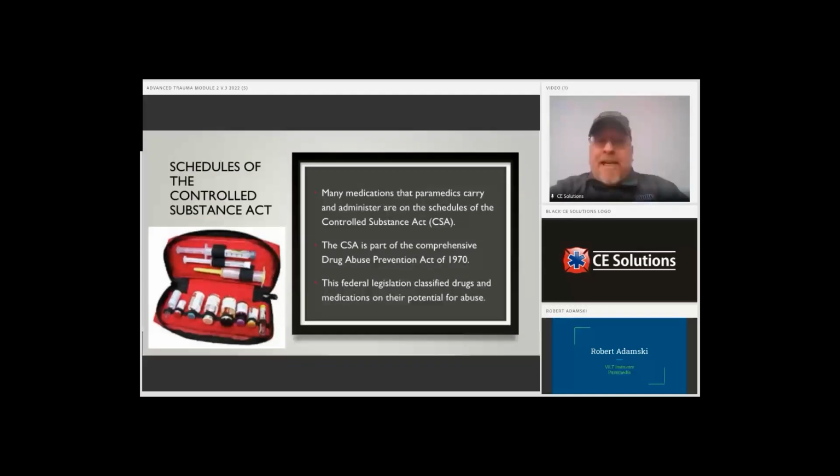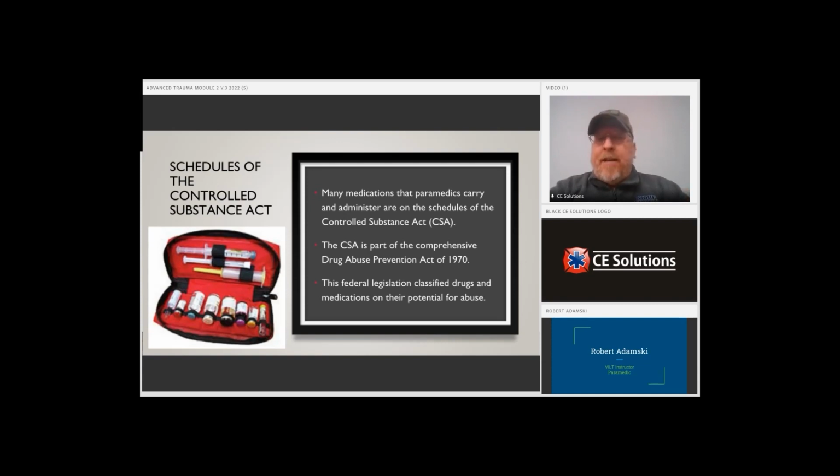Now, the CSA, or the Controlled Substance Act, is the federal legislation that classifies and regulates the use of various pharmacologic agents, specifically drugs that either can potentially harm people or pose a threat of addiction.